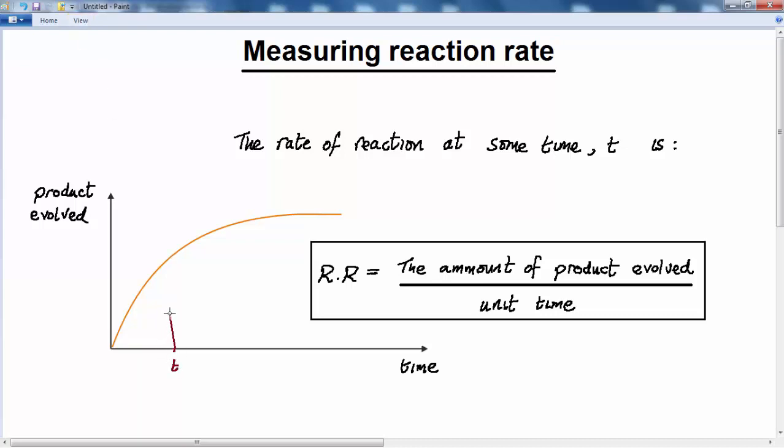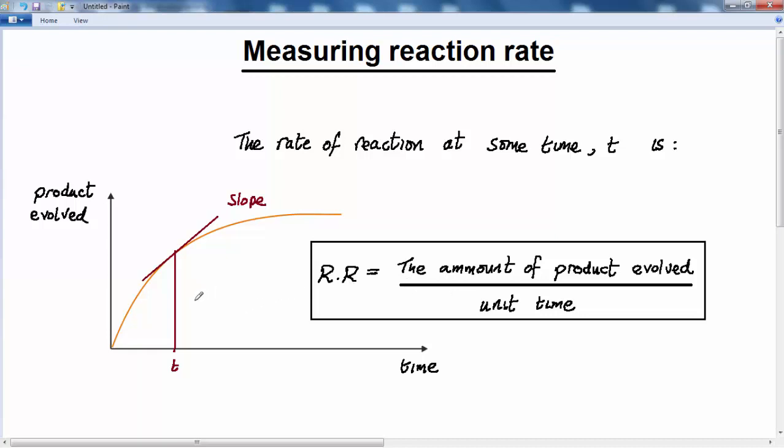Okay, so what we want to do is, once we've measured how the product evolved changes with time and we've plotted our graph, whether that's mass or volume, then at that particular time t we need to measure the slope or gradient of the graph. So this slope here of the graph is equal to the rate of reaction, or the reaction rate.